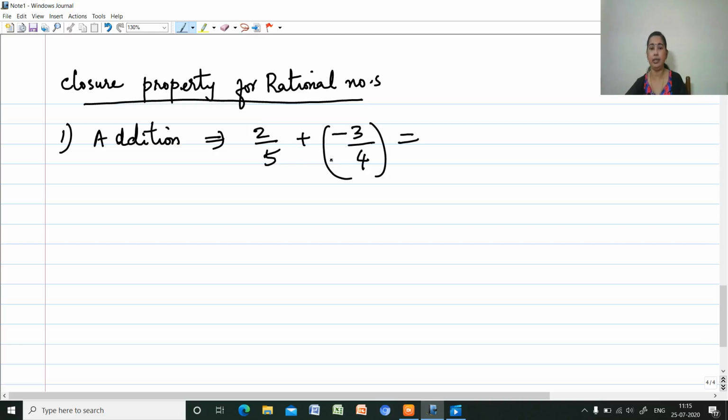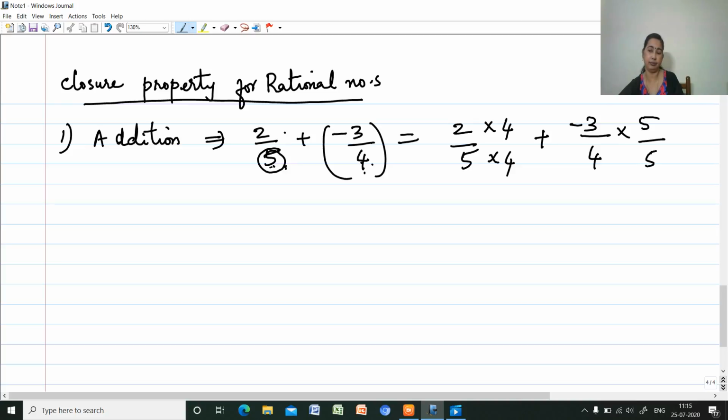So how to add these two rational numbers? We know that only if the denominators are the same can we add two rational numbers. How can we make them the same? For 2 by 5, we can multiply by 4 in the numerator and denominator. In the same way, for minus 3 by 4, we can multiply by 5 in the numerator and denominator. So 2 by 5 into 4 by 4, we get the denominator as 20, plus minus 3 by 4 into 5 by 5.